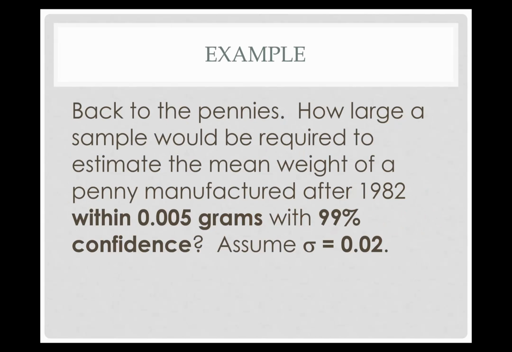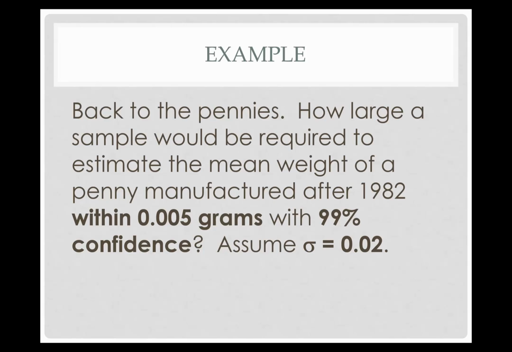All right, so now let's take a look at another example, but this time we're going to find what size sample we need, just like we did with the population proportions. So we're going to take a look back at the pennies, and we're going to ask how large a sample would be required to estimate the mean weight of a penny manufactured after 1982 within 0.005 or 5/1000ths of a gram with 99% confidence.